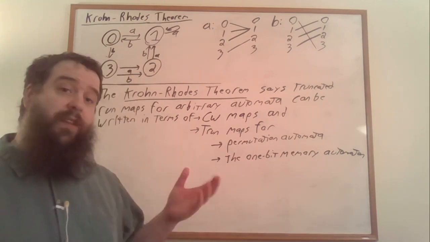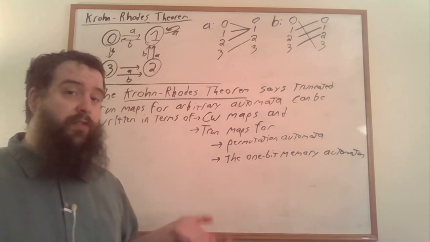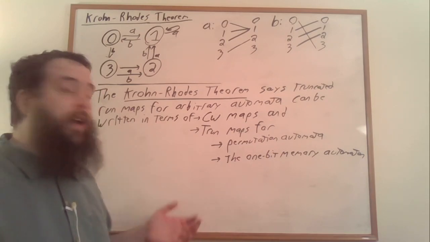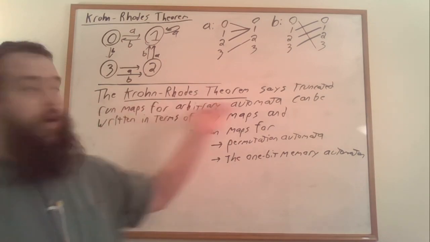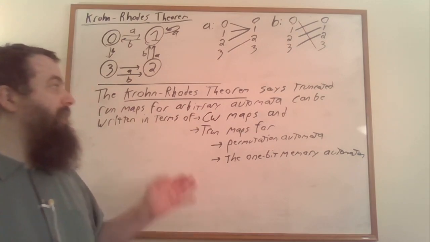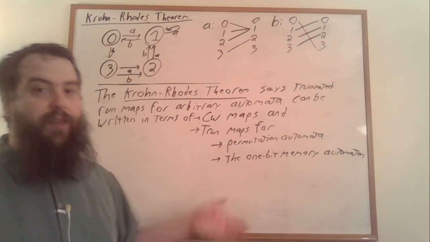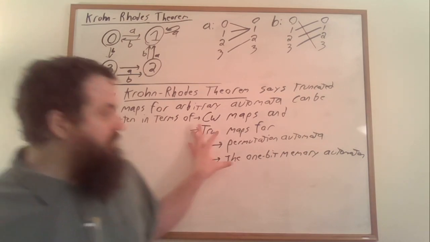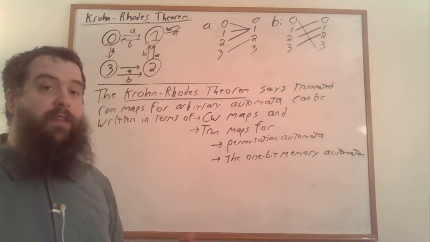And of course, because I showed in a previous video that any causal length-preserving regular function could be written as a cascaded composition of character-wise maps and truncated run maps for arbitrary deterministic finite state automata, we can then write those causal length-preserving regular functions in terms of just these very specific functions composed together.